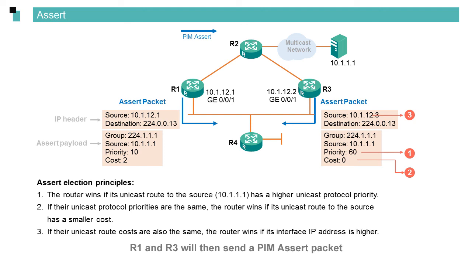R1 and R3 will then send a PIM-assert packet. The packet content is shown in the figure here.